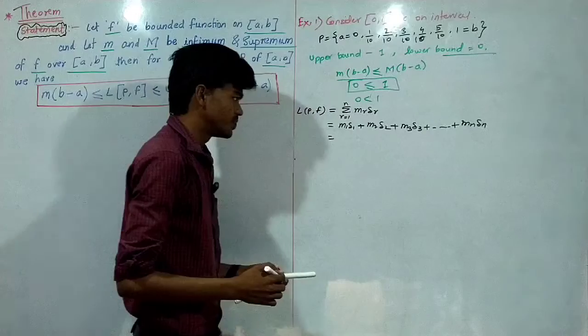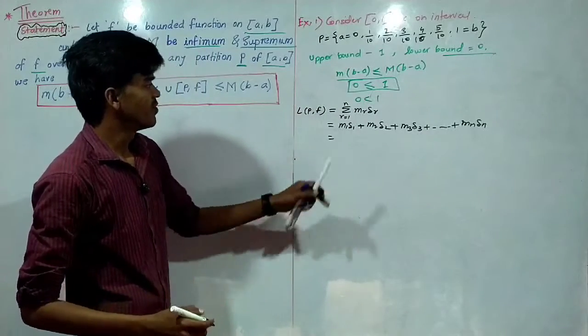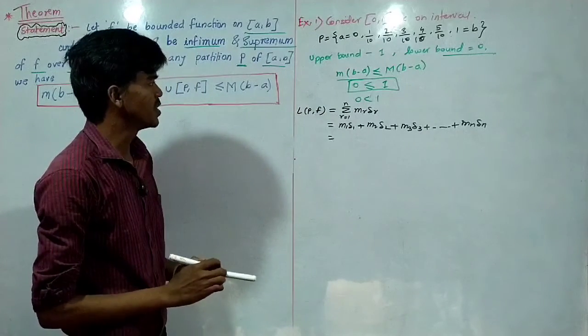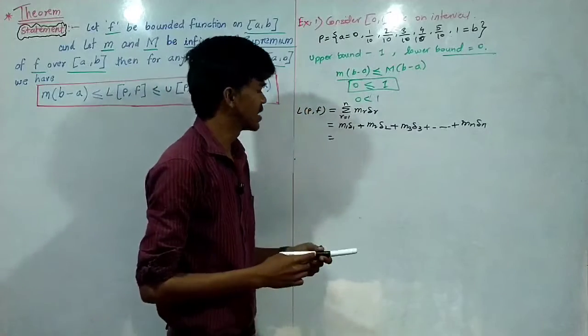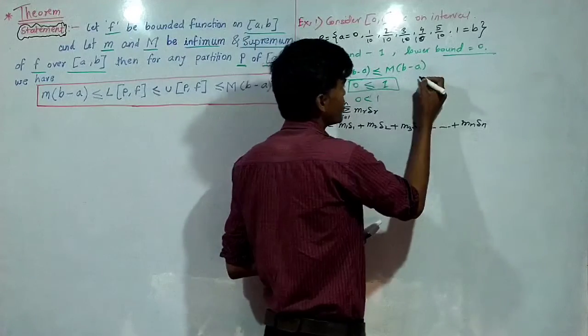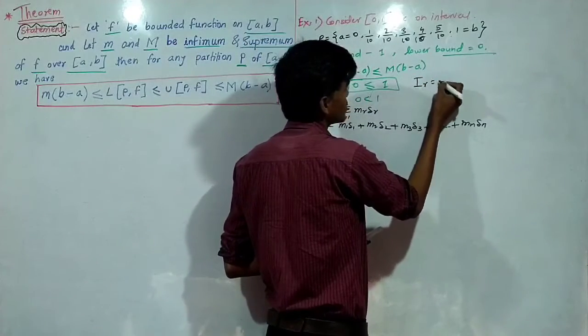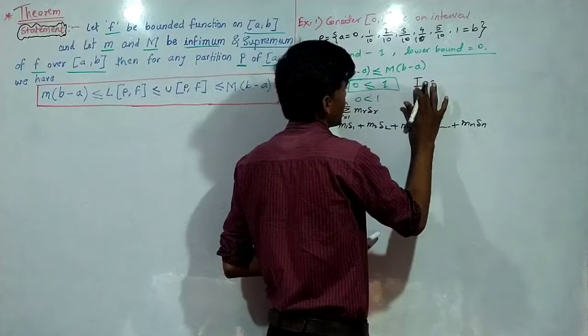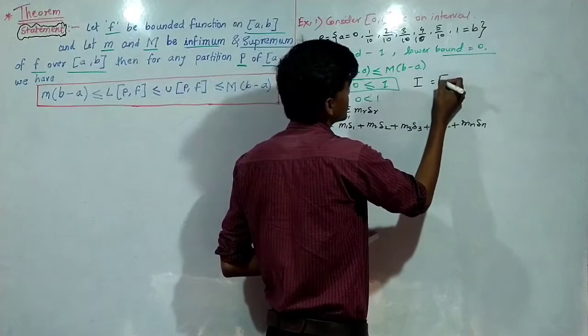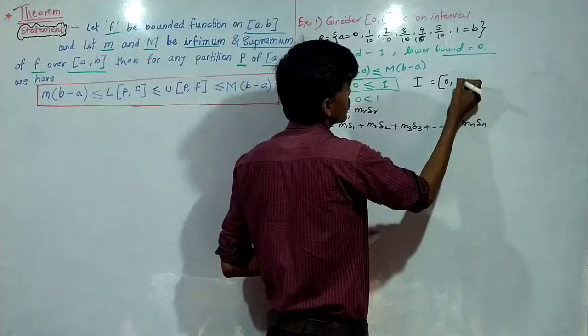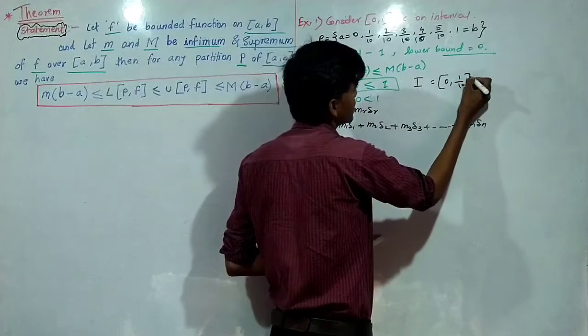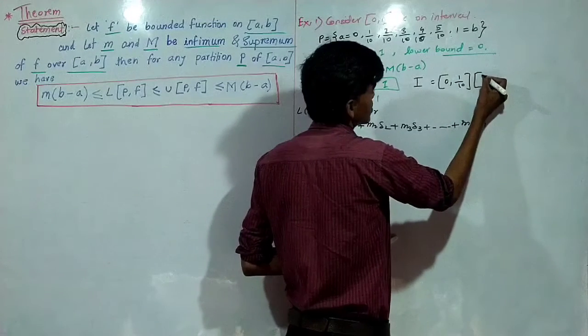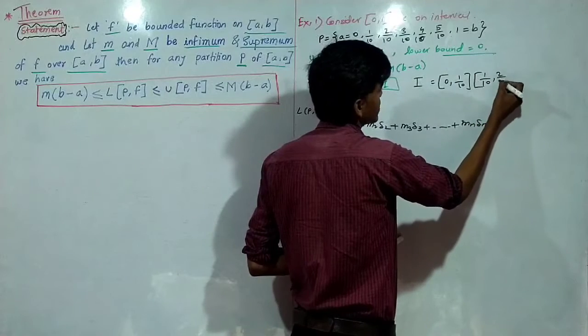Next we need to take the sub intervals for this partition. The sub intervals I will define as I_r. The first sub interval is 0 comma 1 by 10. Another sub interval is 1 by 10 comma 2 by 10.